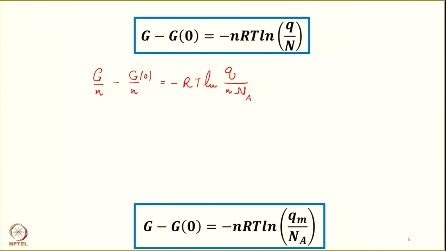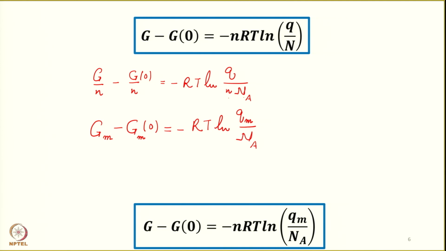What I have done is I have divided both the sides by the number of moles, and I have converted the total number of particles or total number of molecules as number of moles into Avogadro constant. So G by n is the molar Gibbs function minus molar Gibbs function at absolute 0 is equal to minus RT log Qm by Avogadro constant.